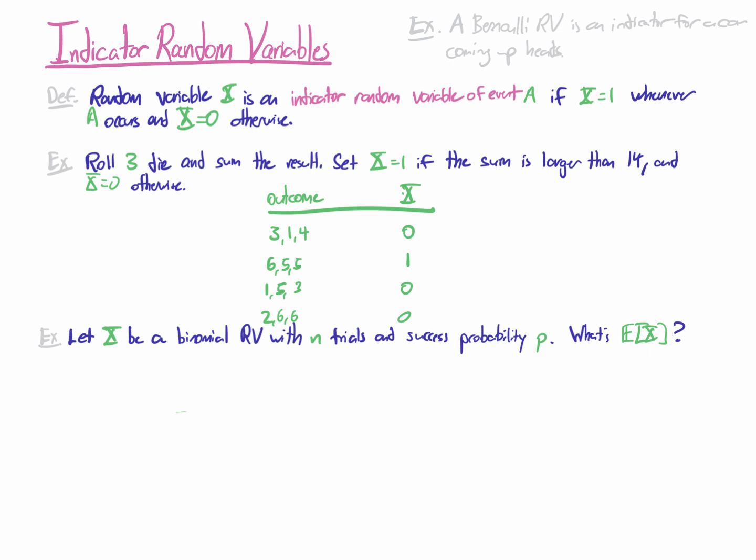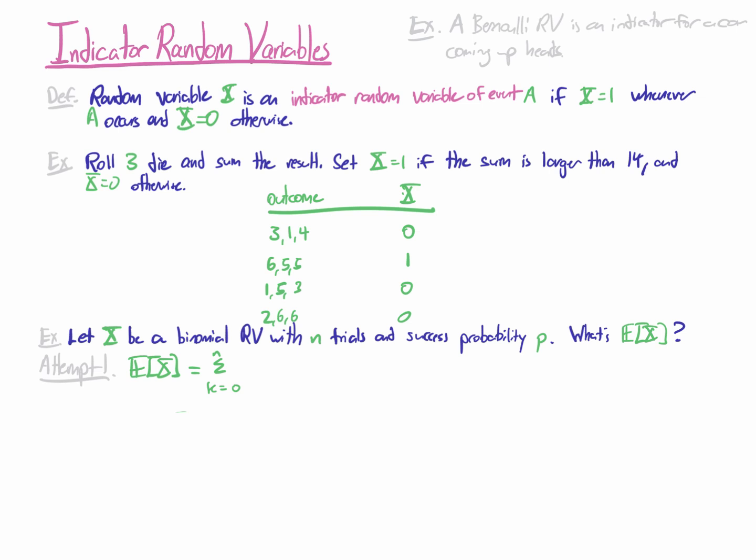So let's try to do this two ways. So attempt 1, I am going to use the definition. And when I do this, I'm going to get the expectation of x is going to be equal to, okay, so the definition is that k needs to range over all possible values. So that's 0 to n.